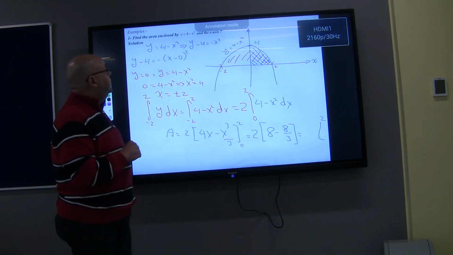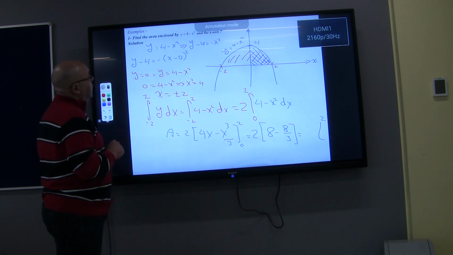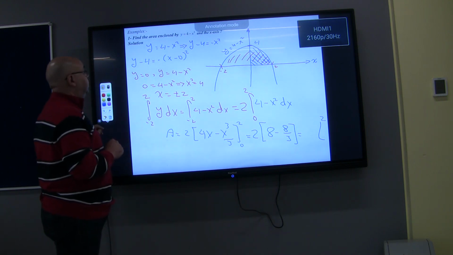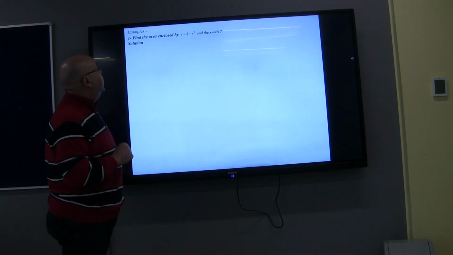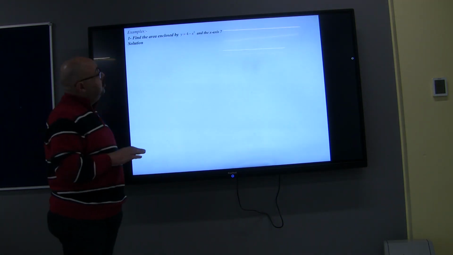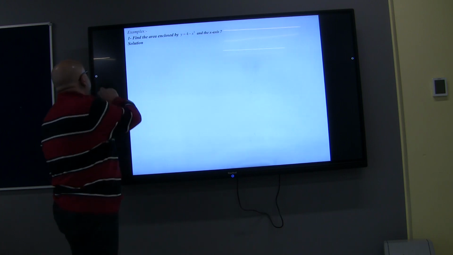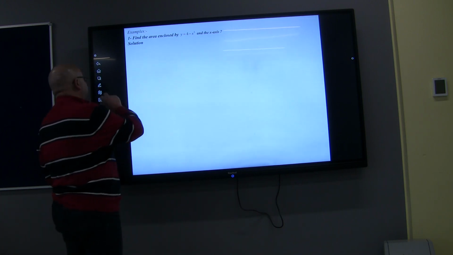Okay, we are done with this one. Say I want to calculate the area bounded by... Be careful, if I also wanted to do something else, I can take the same function and find the area bounded by another problem.